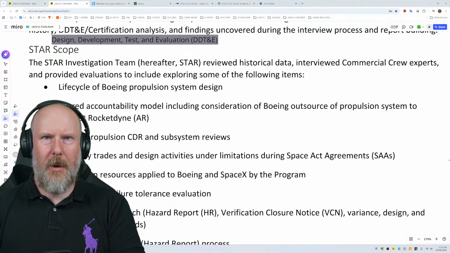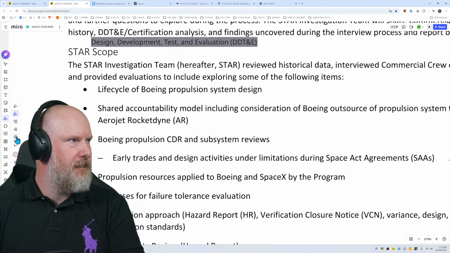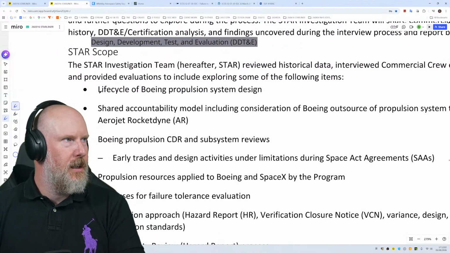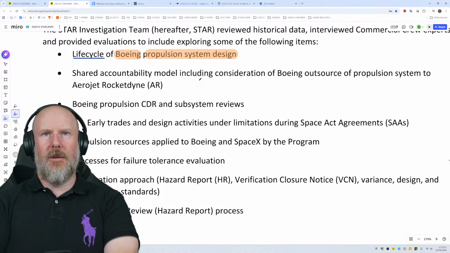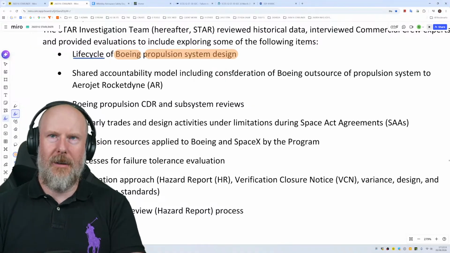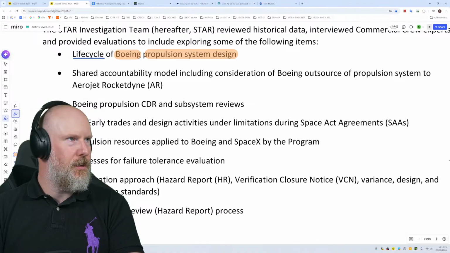Life cycle of the Boeing propulsion system design. So we've got Boeing there, and their propulsion system design. Shared accountability model, including consideration of Boeing outsource of propulsion system to Aerojet Rocketdyne.